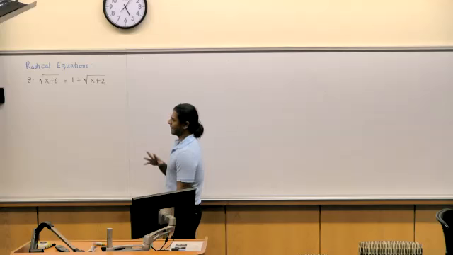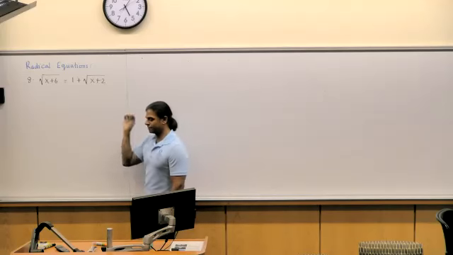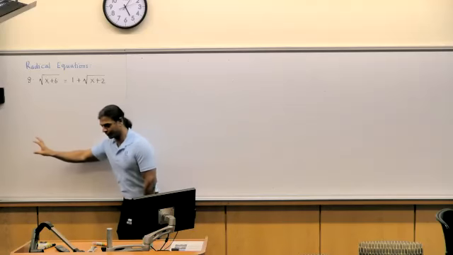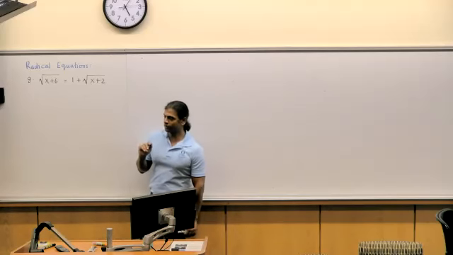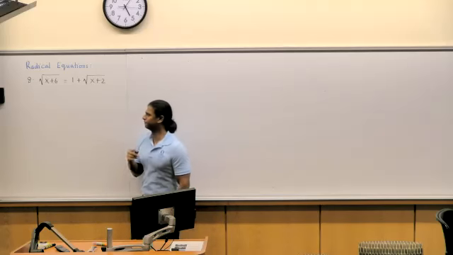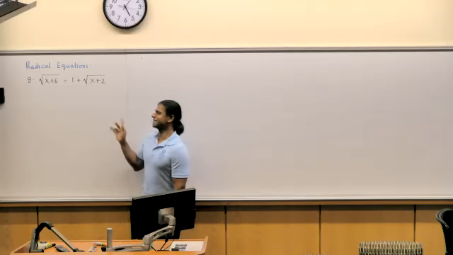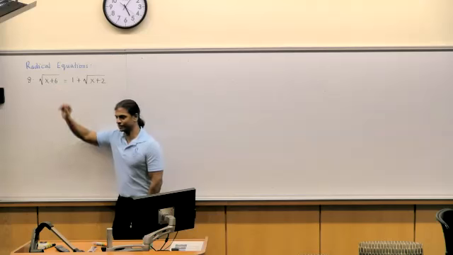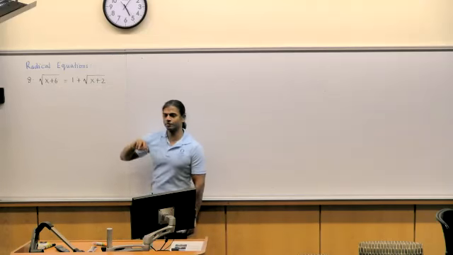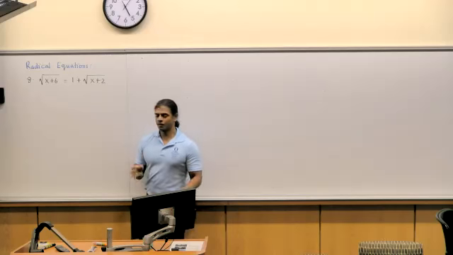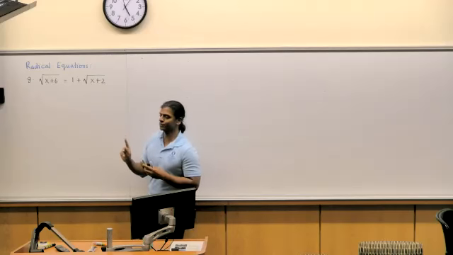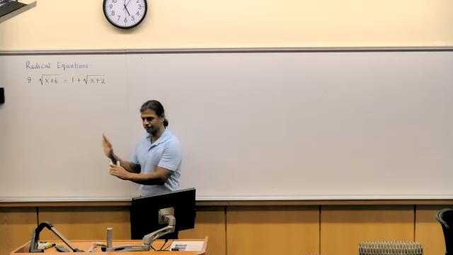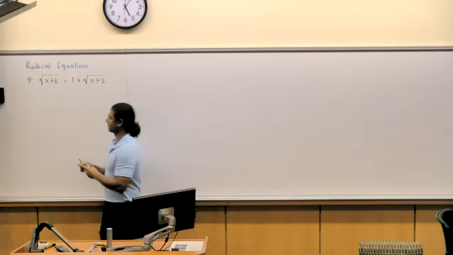So far, we were able to isolate the radical, kept it on one side, squared on both sides, got the answer. We can't do this right away because I have a radical on this side, radical on that side. So the key to solving this problem is moving the radicals to one side.